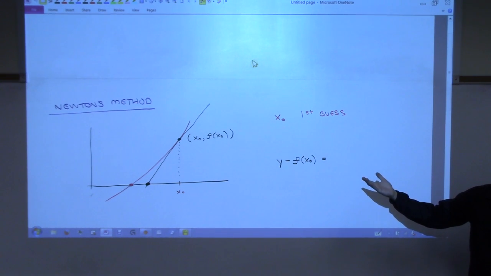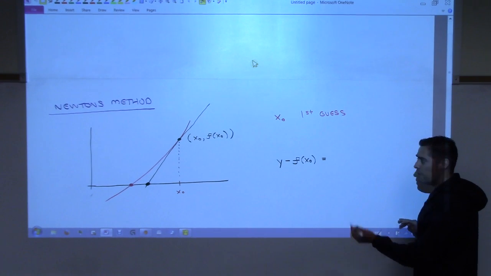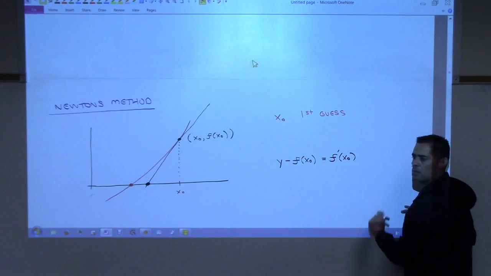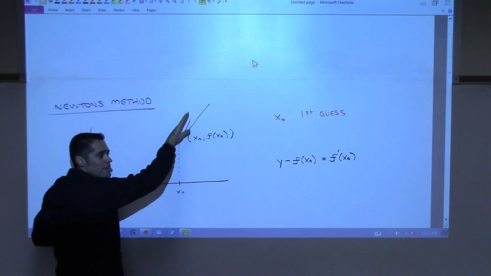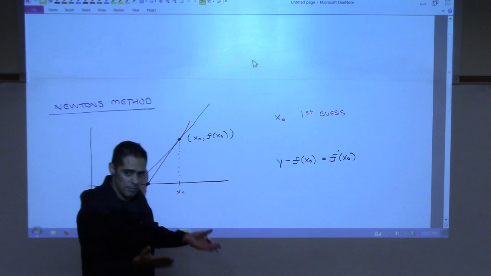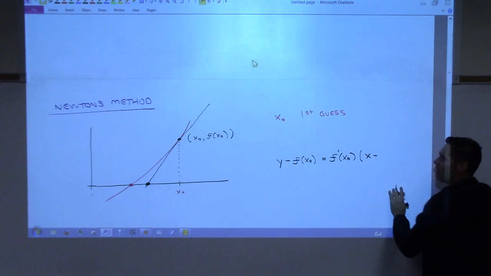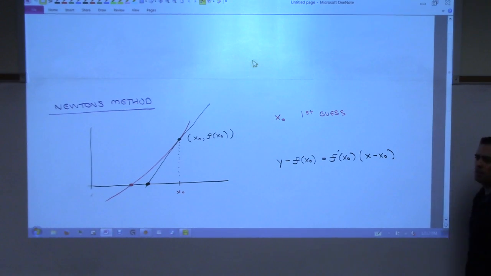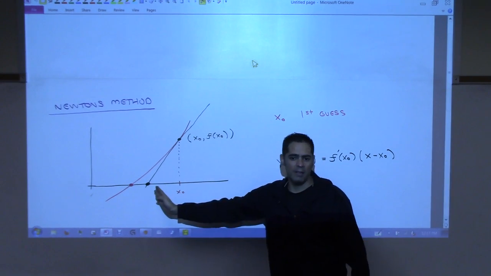So that's the derivative of the function at that point x naught, right? Isn't that m? The slope of this line is the derivative of that red function at that point. That's m. And then x minus x naught, right? Does everyone agree that this is the equation of this tangent line?